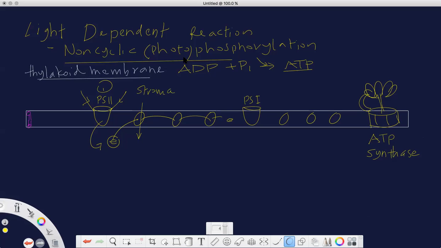Stroma is the space outside of the thylakoid, and it pumps hydrogen ions from the stroma to the inside of the thylakoid. Now this energy is transferred to the hydrogen ions, or protons. So we can understand the energy is transferred to hydrogen ions because it used the energy to pump in, and then the energy is now with the hydrogen ions.